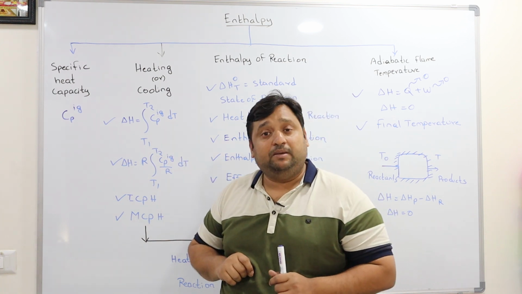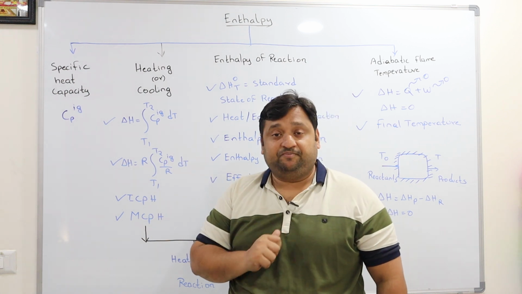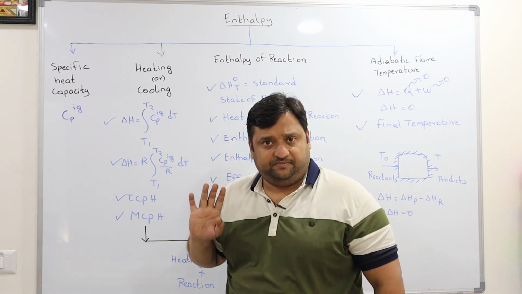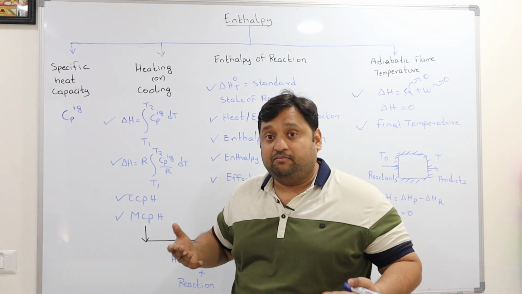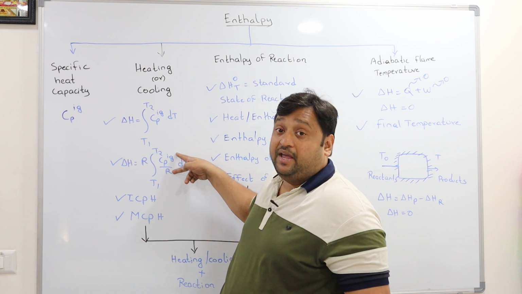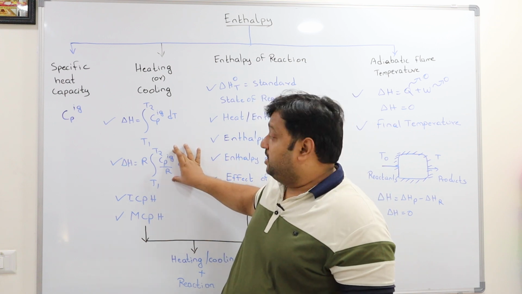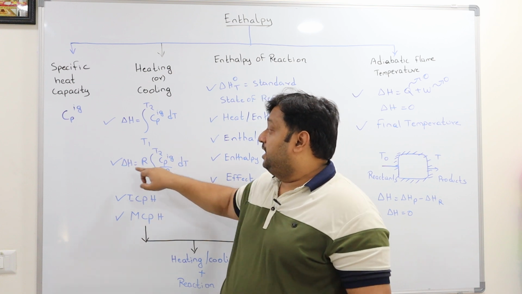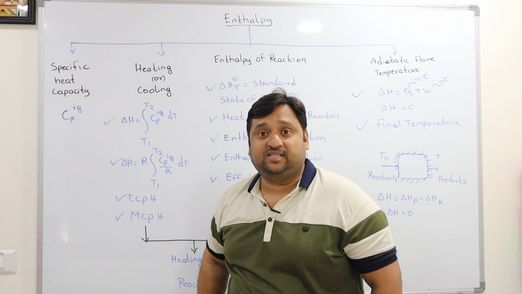What is the advantage of CPIG by R? CP and R have the same units, so they cancel out. There is an advantage with the non-dimensional term. So CPIG by R is given. Once you know the CPIG, the integral of CpIG can estimate the value of the enthalpy in heating or cooling systems.